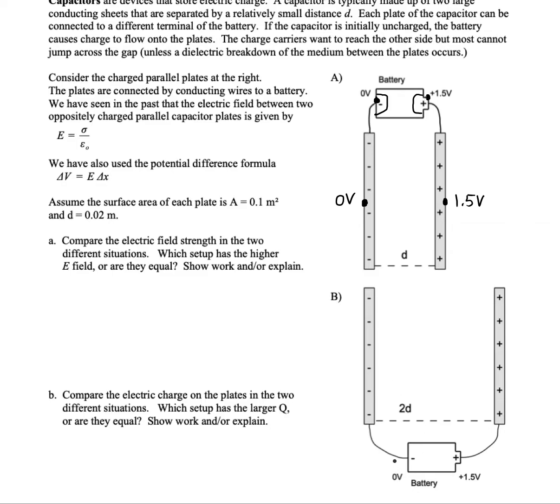Looking at setup B, the same thing would occur. Points which are in contact will have the same potential. So if there's plus 1.5 volts on this terminal, there must also be plus 1.5 volts on the plate that it's in contact with. So this is different from what we had above.